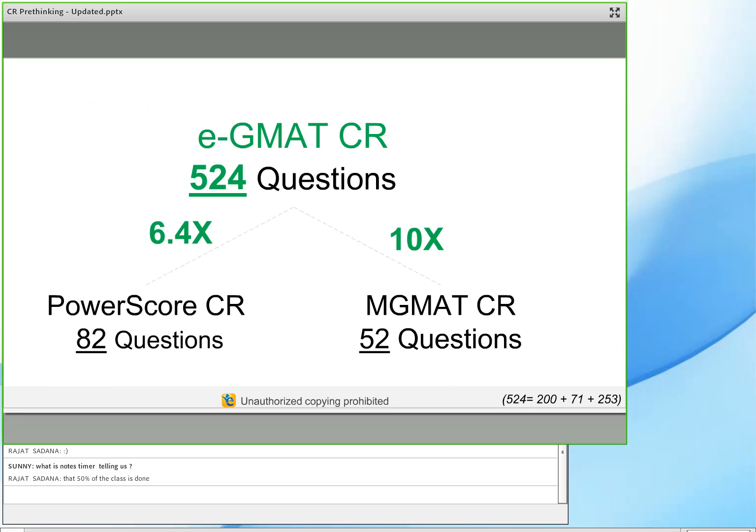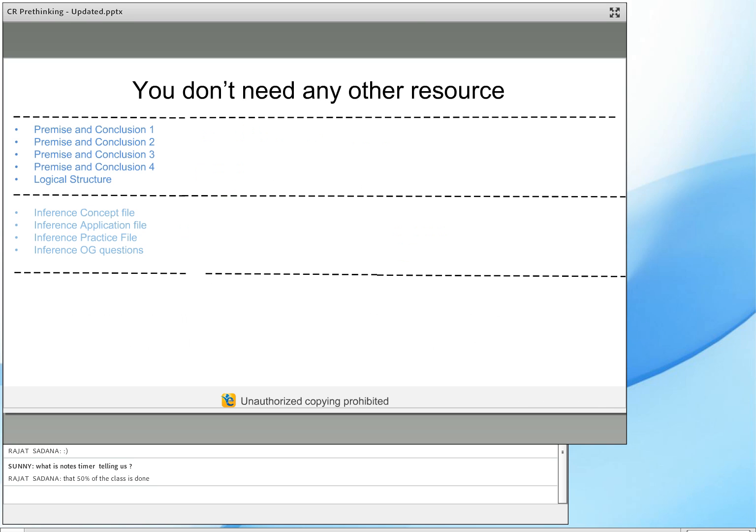Just to tell you how comprehensive this is, the e-GMAT CR offering actually now has, as I said, upwards of 600 questions with the launch of Scholaranium Platinum and our own mocks, which is more than 10 times the CR questions you're going to see in Manhattan CR, and upwards of 7 times the CR questions that you're going to really see in PowerScore.